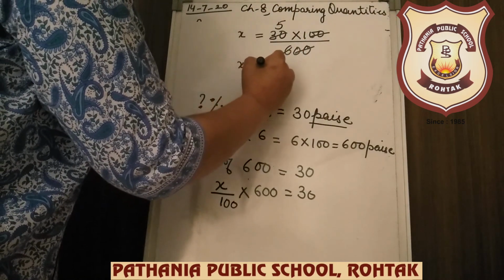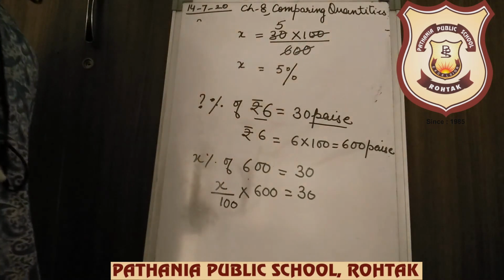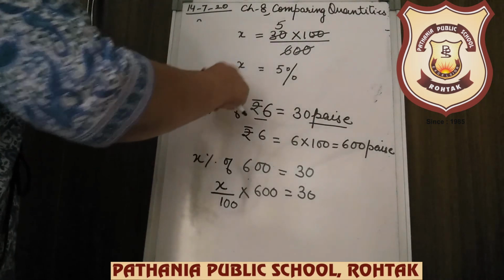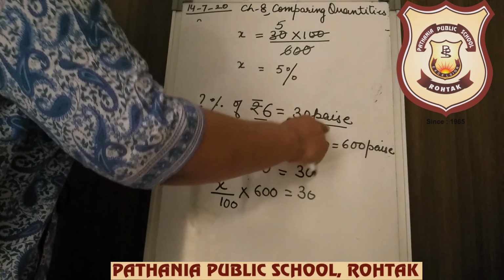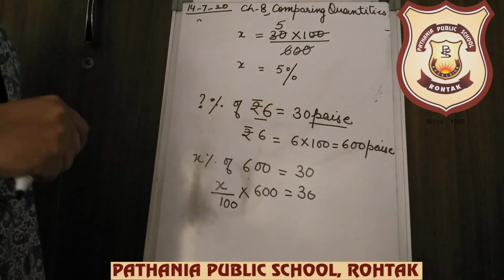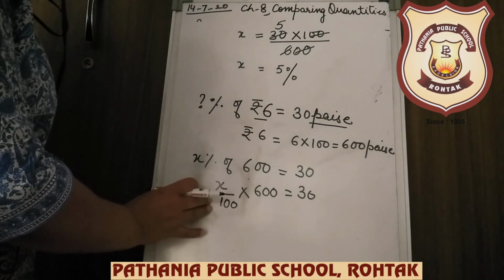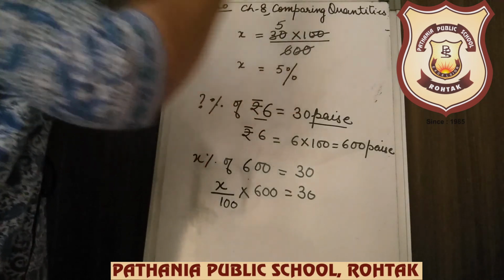So x is equal to 5%, which means 5% of rupees 6 is 30 paisa. This is your percent sign. You have calculated the value for this one. Clear? So x is equal to 5%.